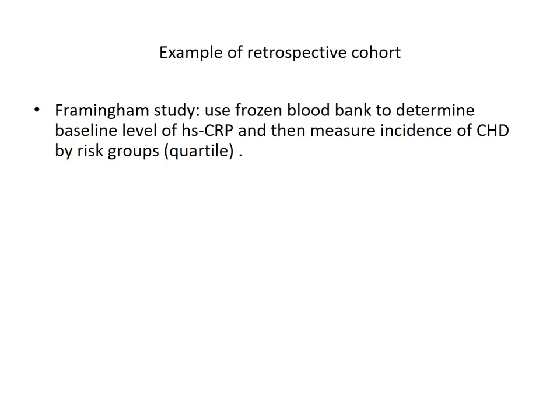So they go retrospectively to a certain point where patients don't have coronary heart disease. However, they assess the exposure based on the frozen blood bank sample of C-reactive protein, and then they follow up the patient to see when coronary heart disease occurred.